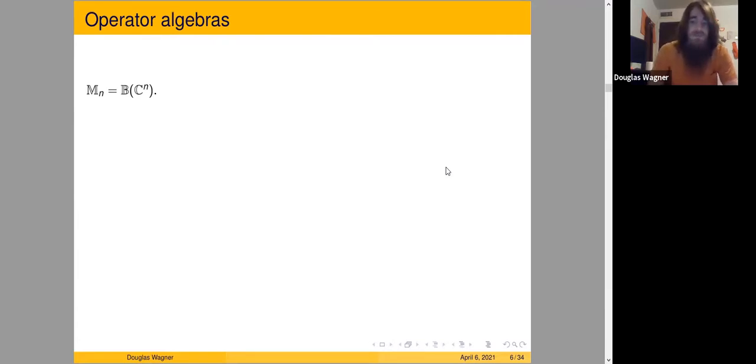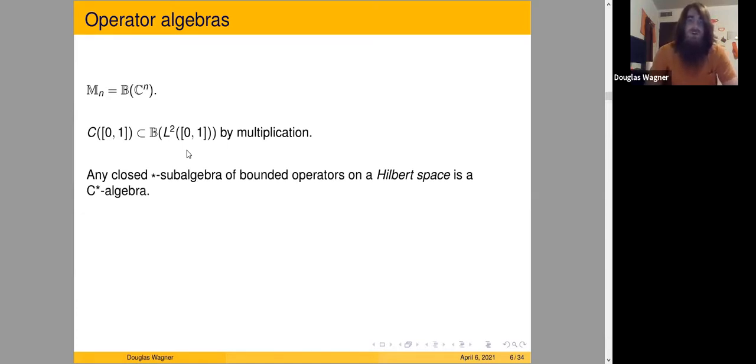And for many compact Hausdorff spaces, such as the unit interval, the continuous functions form a star subalgebra of operators on the square integrable functions. In fact, any closed star subalgebra of bounded operators on any Hilbert space is a C-star algebra. A Hilbert space is just a vector space where we have an inner product, which is where we get a norm and our involution.